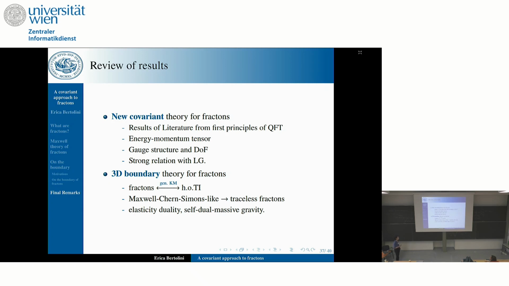And also by studying the three-dimensional boundary theory of fractons, we observed a relation with higher order topological insulators through the generalized Kac-Moody algebra that appears on the boundary. And we also observe a Maxwell-Chern-Simons-like term that gives a traceless fracton model. Finally, this also hints towards possible further studies related to elasticity duality, and maybe self-dual massive gravity.